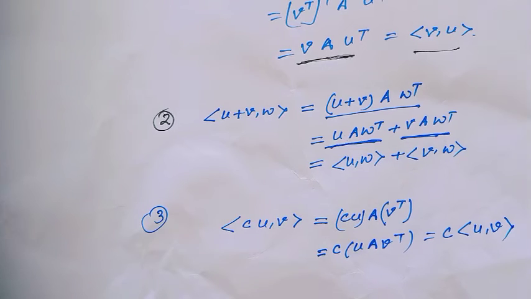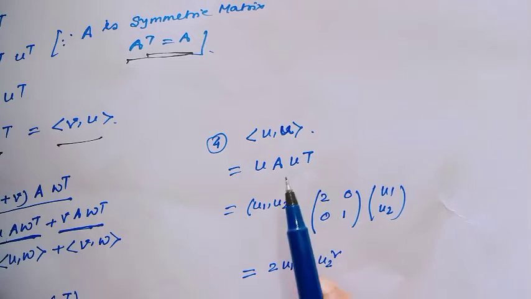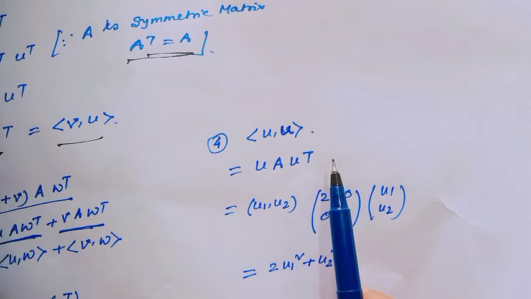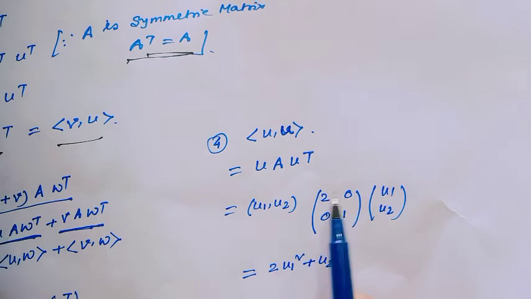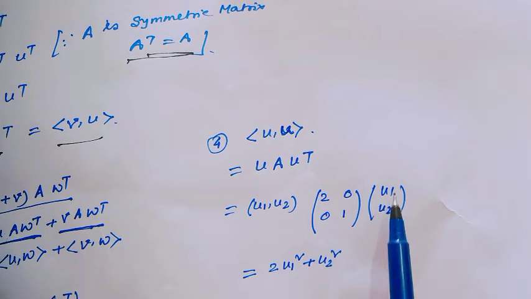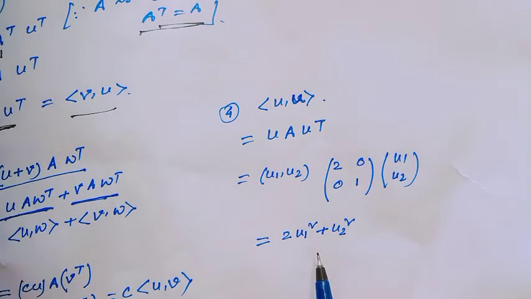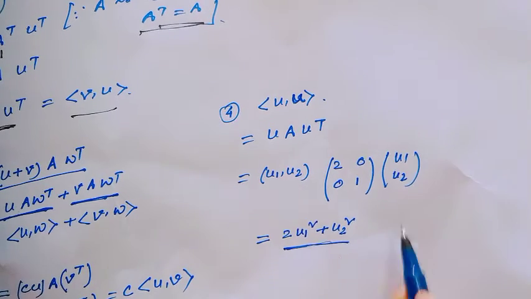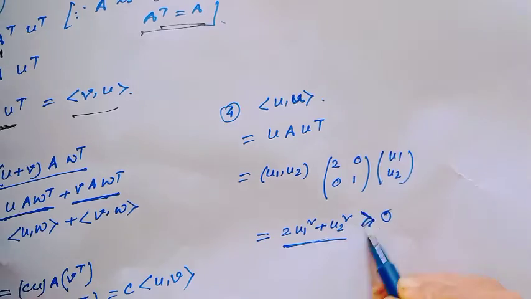Okay. Next condition is positivity. Inner product U with itself is equal to UAU transpose. This is equal to U1 U2 times the matrix, and transpose means here U1 U2, which is equal to 2U1 square plus U2 square. Since these are square terms, this part is obviously greater than 0.